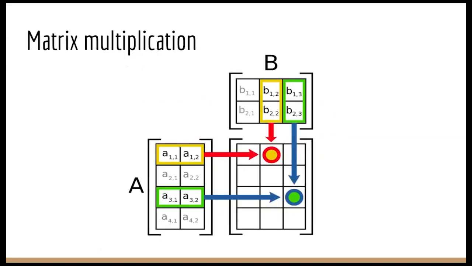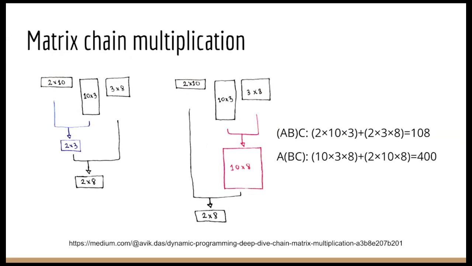It's also very useful for matrix multiplication, especially when it comes to matrix chain multiplication, because in terms of denotational semantics, it doesn't really matter in which order we apply multiplication operator, but operationally there is a big difference. And even for small matrices, as on this example, we can see that multiplying AB then C results in 108 operations, whereas multiplying A to B and C results in 400 operations, which is clearly much less efficient.